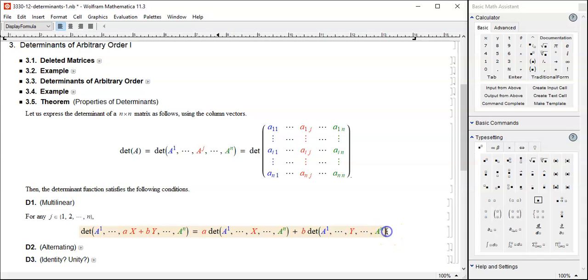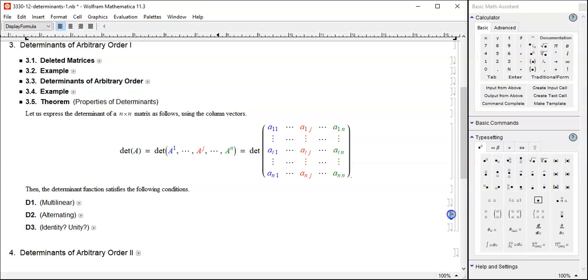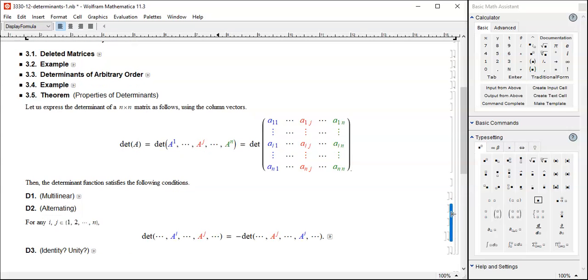Then we can separate it out, as you can see on the right-hand side, leaving all the other columns exactly the same as they were. So this is linearity with respect to the jth column, and there are n columns, so it's multilinear, n linearities put together. We'll prove it, yes, but not in this video, in a separate video.